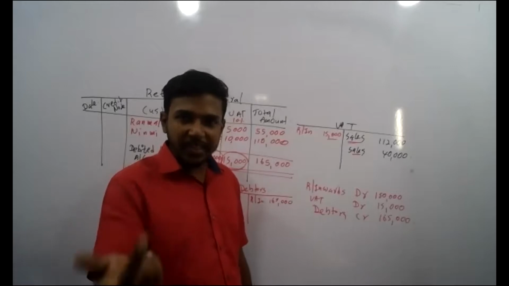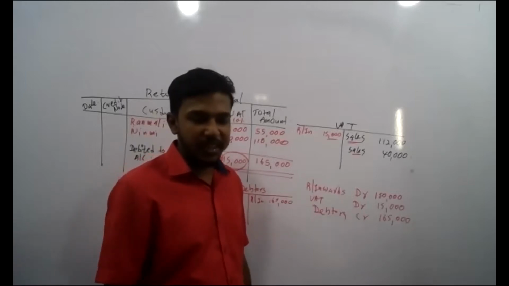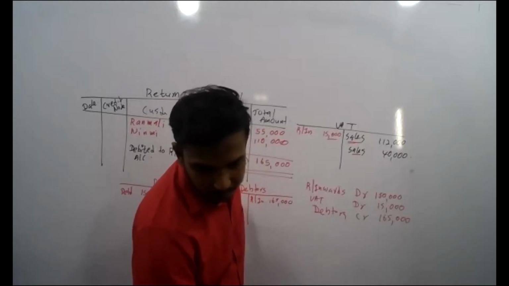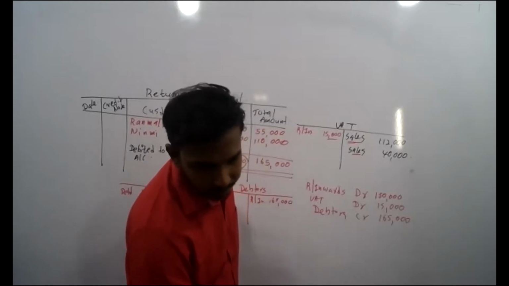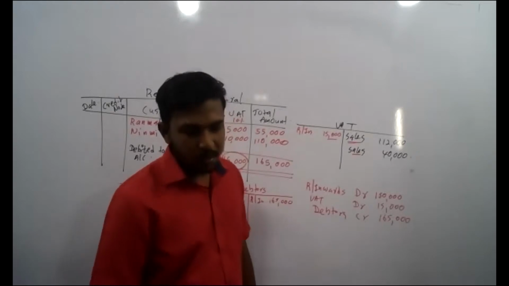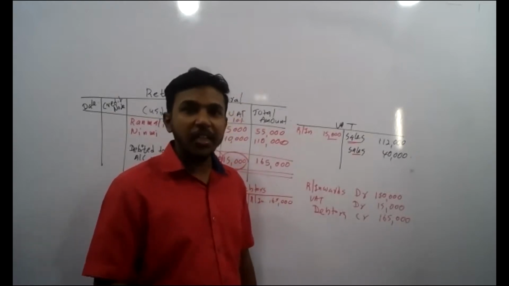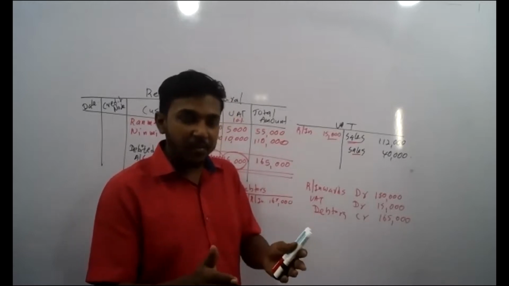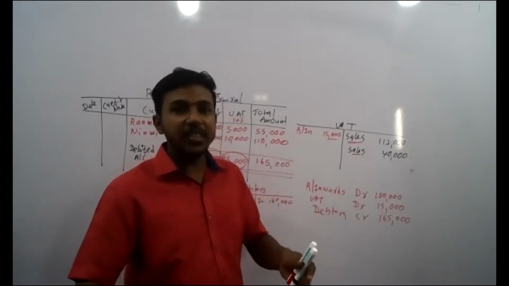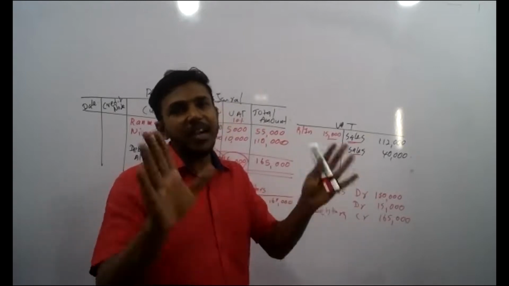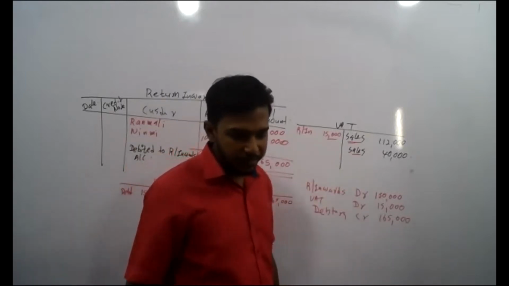So from that, cash sales also are liable for VAT. That's the point. VAT is charged not only on credit basis. VAT is charged on sales and purchases, irrespective of cash basis or credit basis, if it is trade goods. Is it clear?